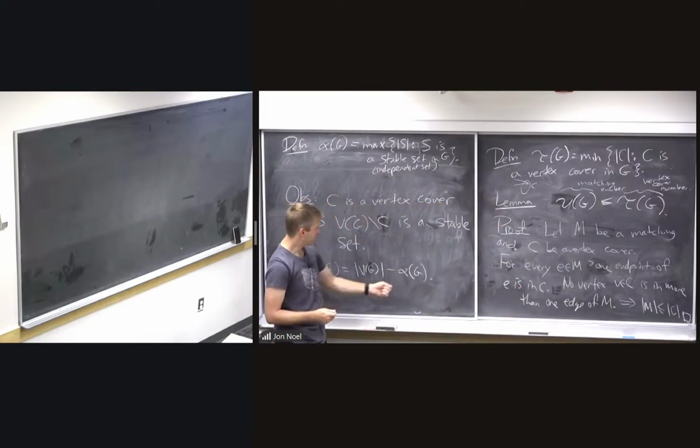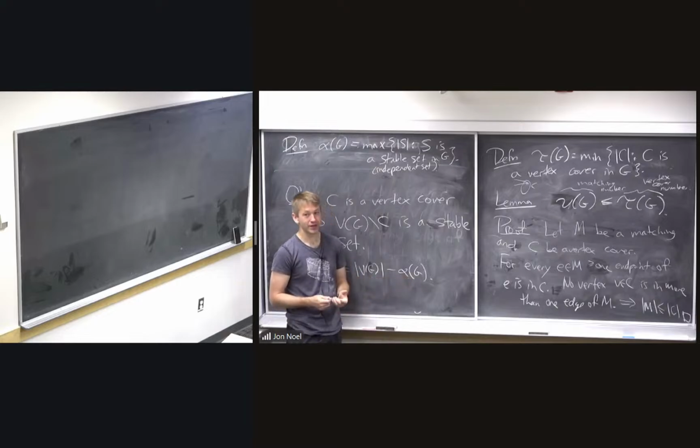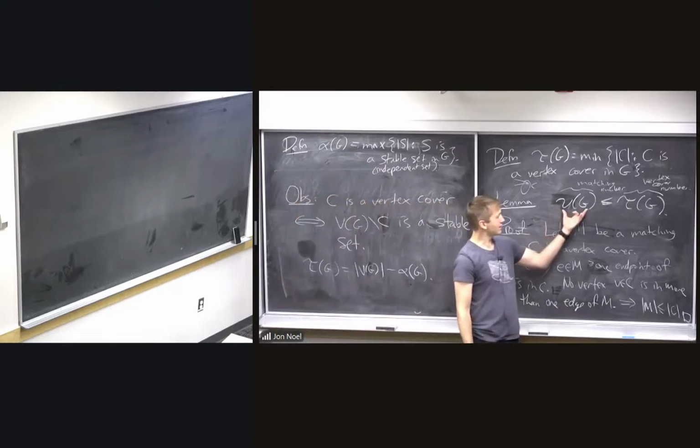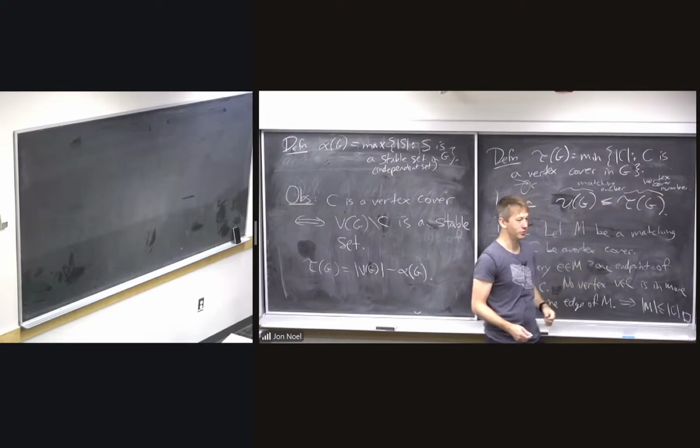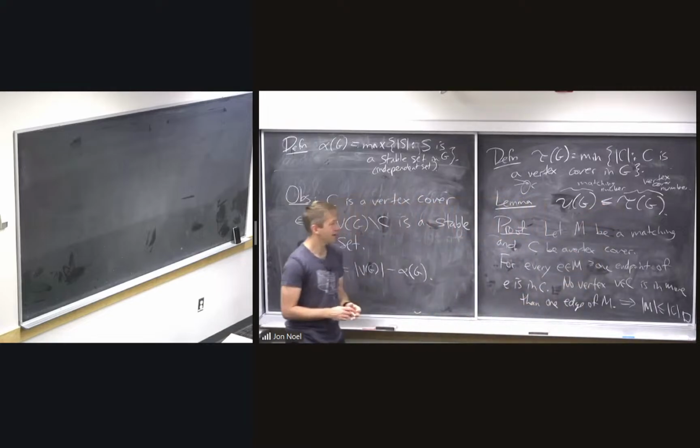But computing the independence number is hard. If you did the first assignment, you kind of did that: you proved that the stable set problem is NP complete, which implies that computing this number is NP hard. So we've got something that can be computed in polynomial time, and something that is NP hard, and they have this kind of dual relationship.